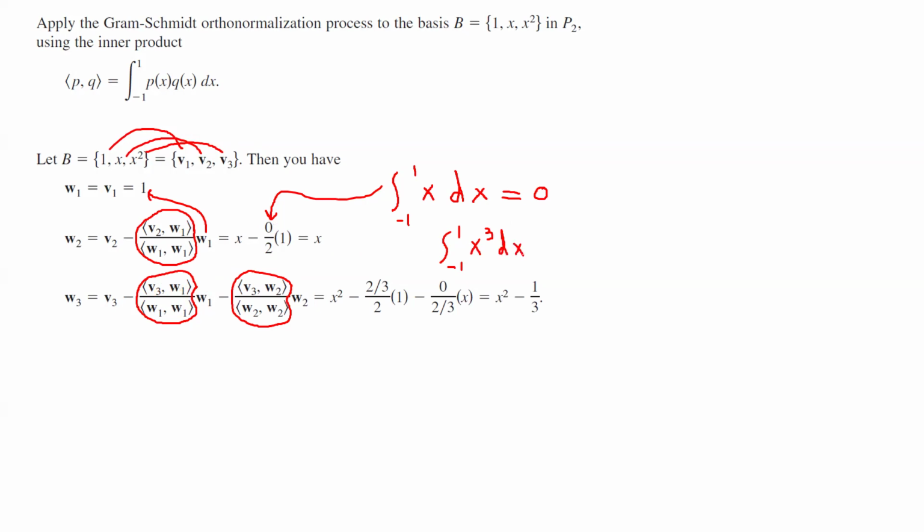This is equal to 1/4 x to the 4 between -1 and 1, which is equal to basically 0.